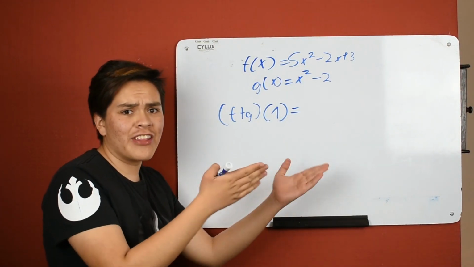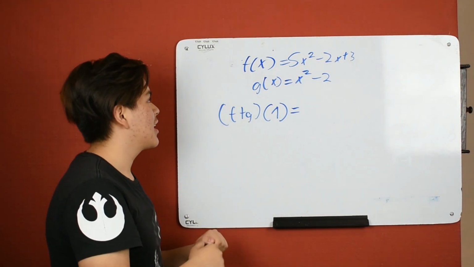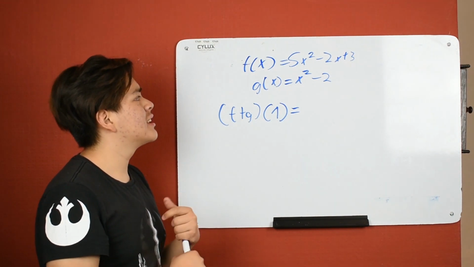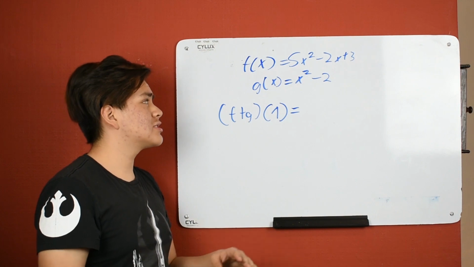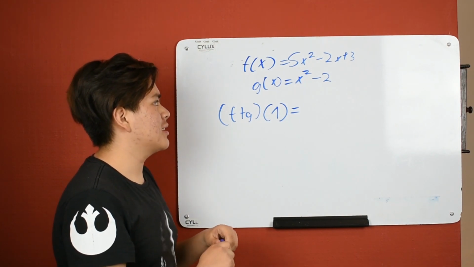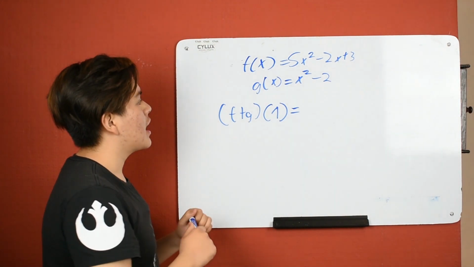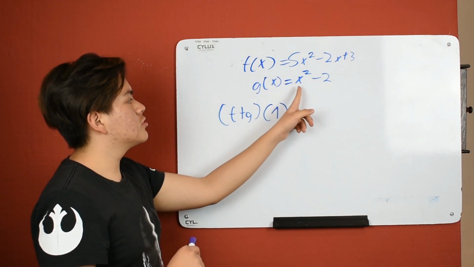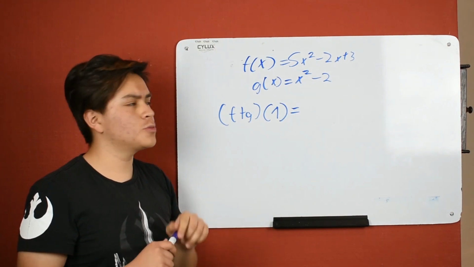Okay, we have another example. That's it, set f of x, the function of x, is 5x squared minus 2x plus 3. And g, the function of g, is equal to x squared minus 2.